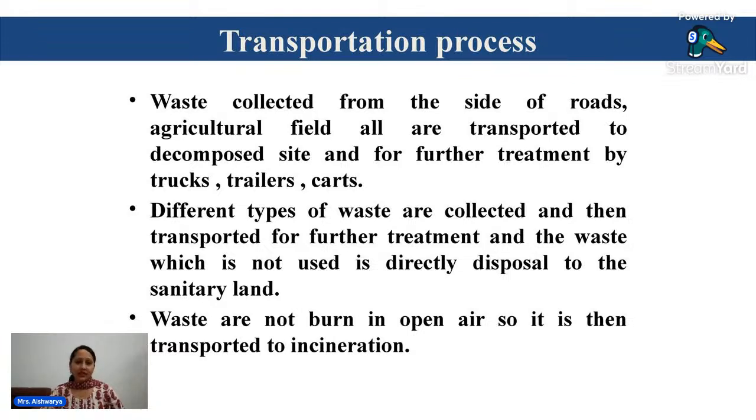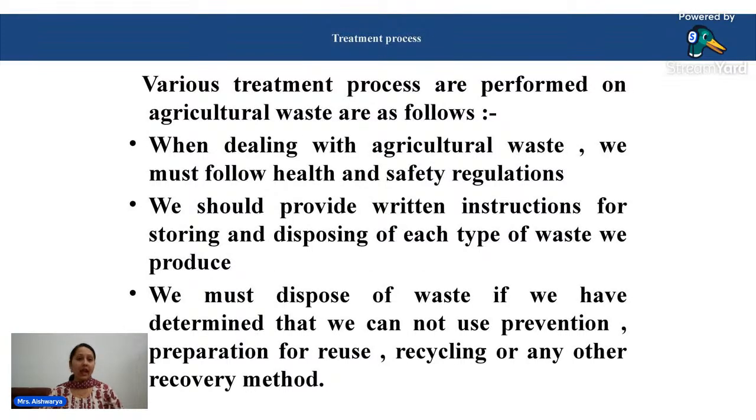The treatment processes. Various treatment processes are performed on agricultural waste, as follows. When dealing with agricultural waste, we must follow health and safety regulations, as in the transportation process, so that disease produced by the agricultural waste does not spread, as it starts to release odor and diseases into the environment.